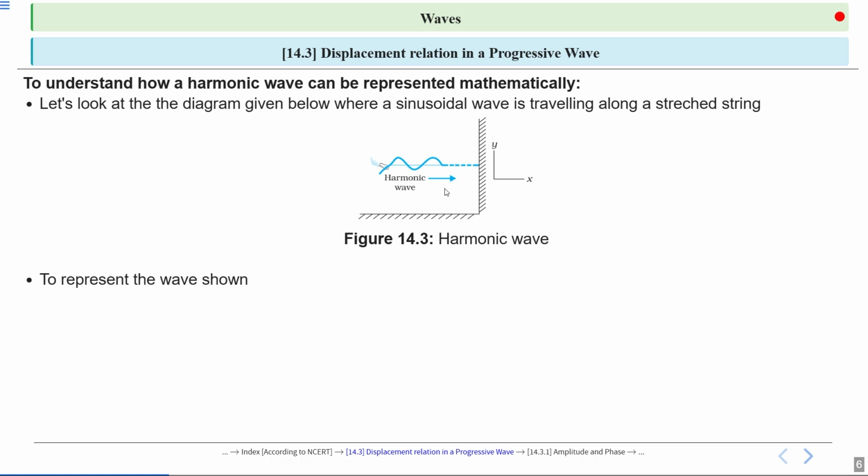To represent the wave shown, the function must be sinusoidal. That means it should have the same shape as a sine or cosine curve, which repeats in a regular pattern. Sinusoidal functions are perfect for describing waves because they naturally repeat.